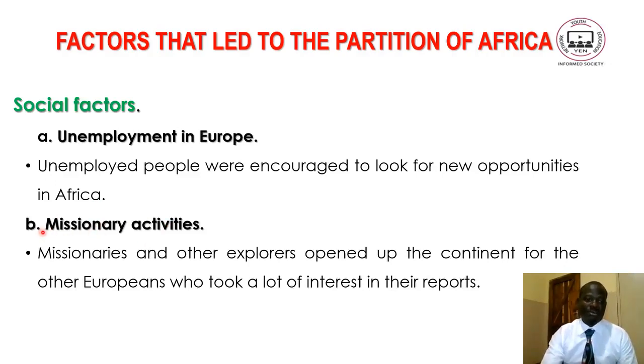Also under social factors was the missionary activities. Missionaries and the other explorers opened up the continent for other Europeans who took a lot of interest in their reports. So the missionaries as well as the explorers opened up Africa to Europe, whereby their reports attracted people to come.